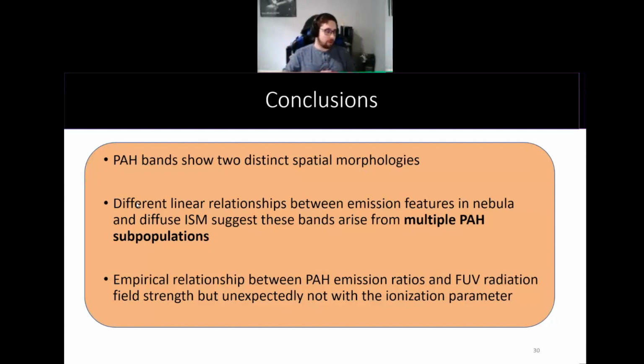And finally, we're able to find empirical relationships between a wide variety of PAH emission ratios and the far-ultraviolet radiation field strength, but unexpectedly, we do not find anything with respect to the ionization parameter gamma.